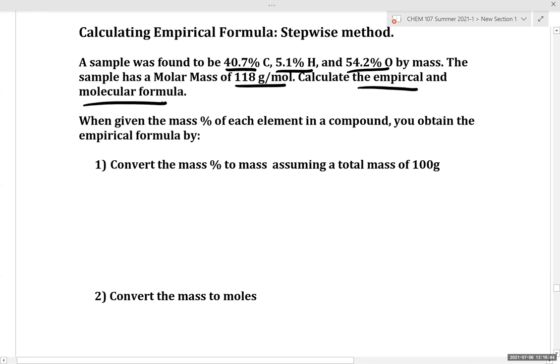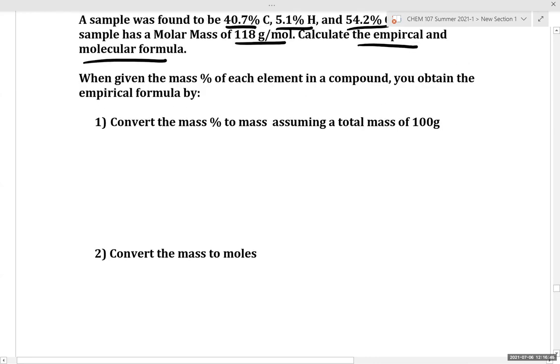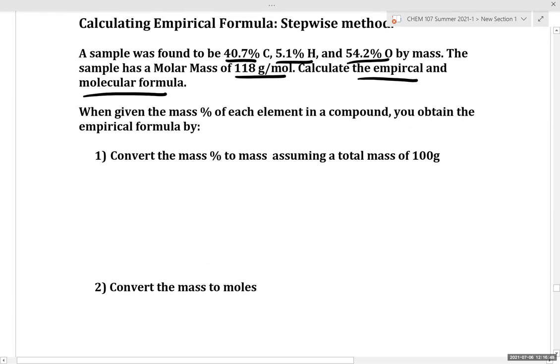Okay, so following our step-by-step guide, since we're given the mass percentage of each element in a compound, you can obtain the empirical formula by converting the mass percentage to a mass, assuming a total mass of 100 grams. So let's work on, right now, calculating the mass of carbon, hydrogen, and oxygen in this sample.